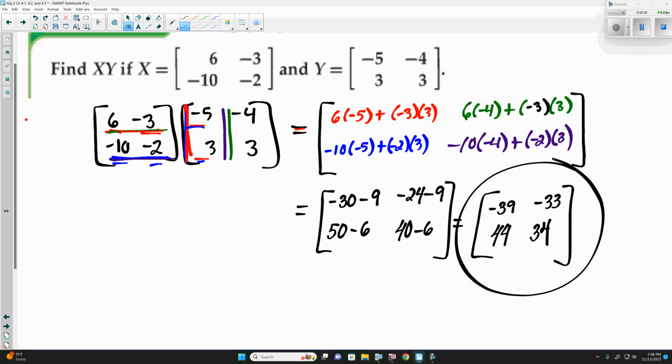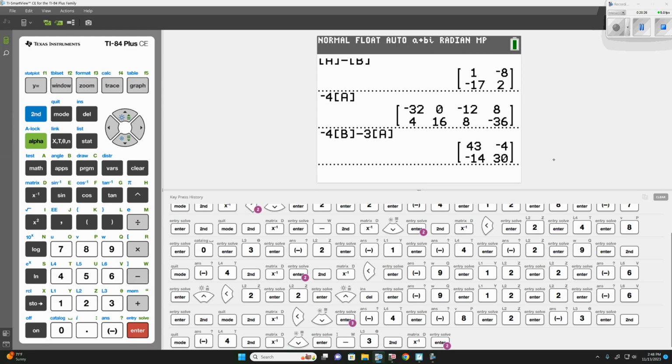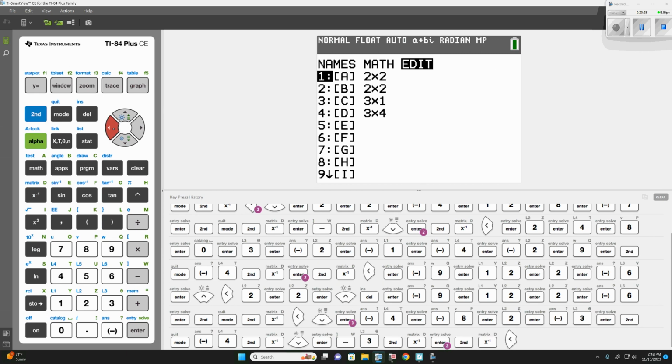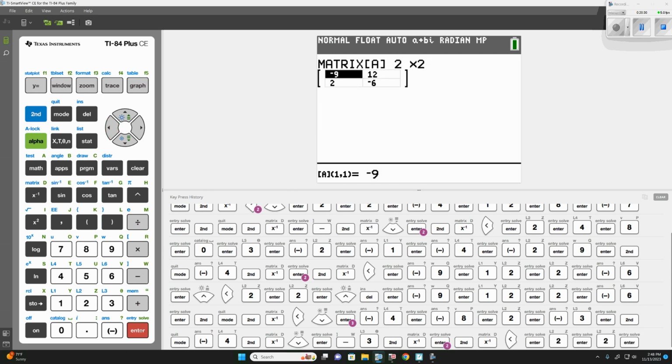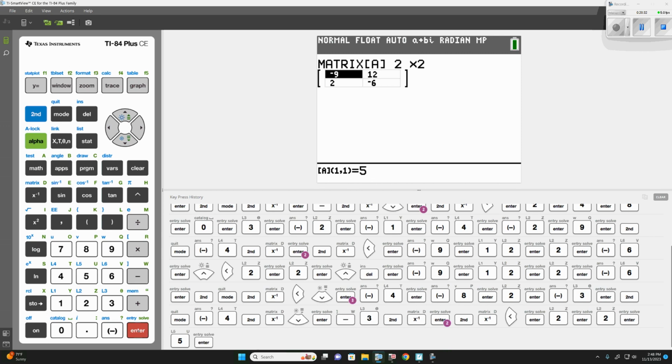Now we can type this into the calculator, just like we've been doing. Second matrix, over to edit. There's a 2 by 2.